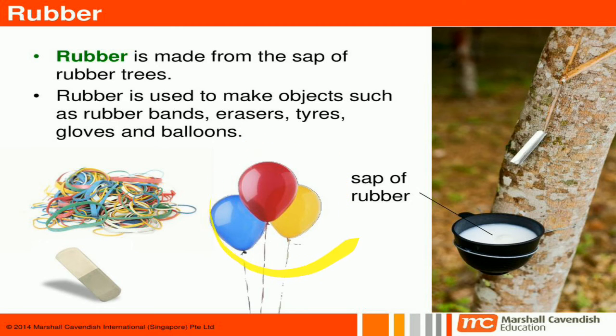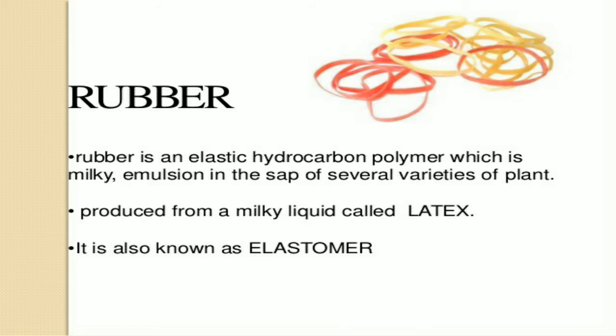These are the objects of rubber, and this rubber is an elastic hydrocarbon polymer, which is milky, from the sap of several varieties of plants, and produced from a milky liquid called latex, and it is also known as an elastomer.